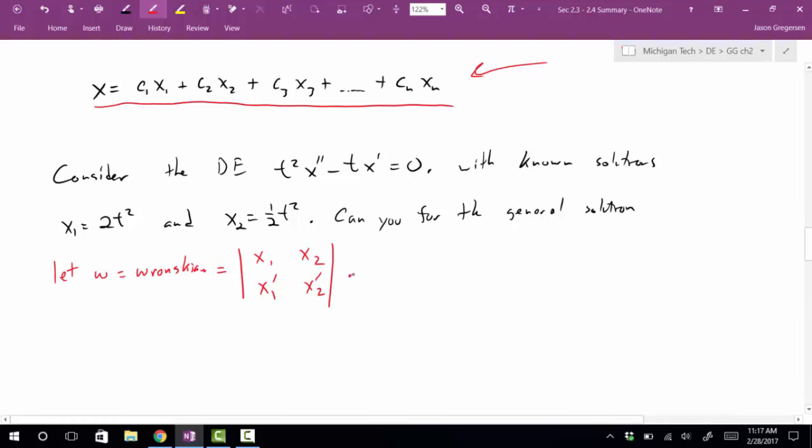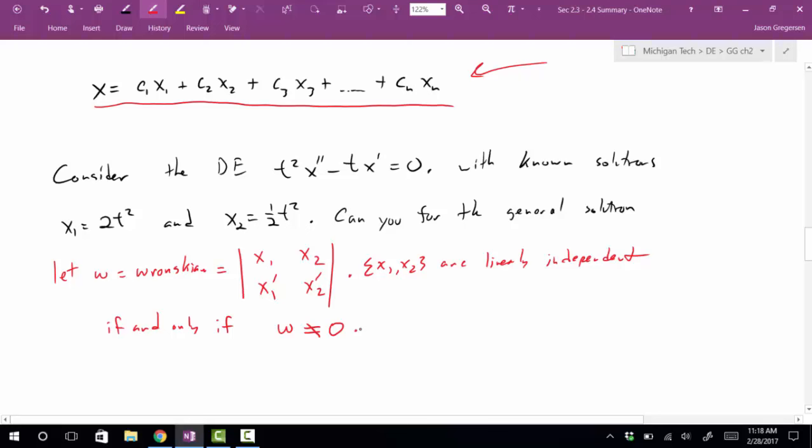And the whole idea here is that the set of solutions, x1 and x2, are linearly independent if and only if our Wronskian is not equal to 0.